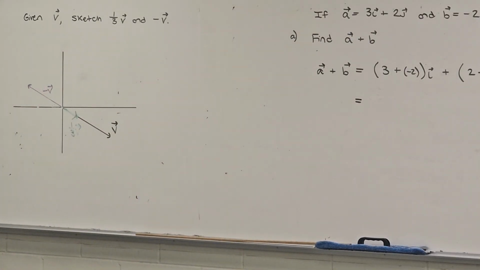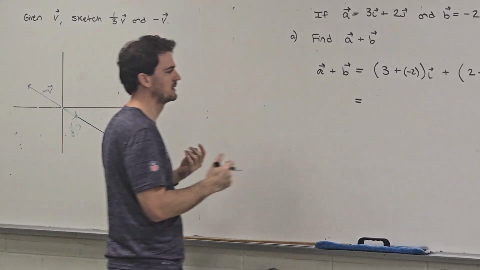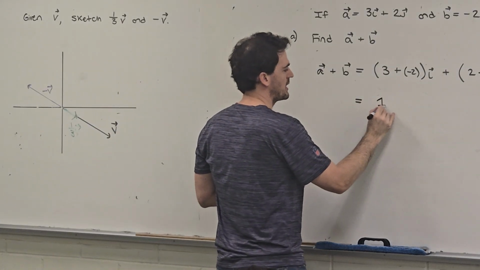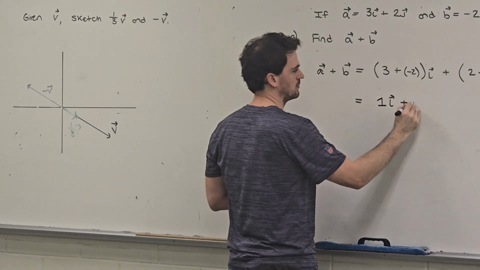I'm sticking with that IJ notation. If you just want to keep it in the pointy brackets, it's totally fine. So you would get 1i plus 8j.